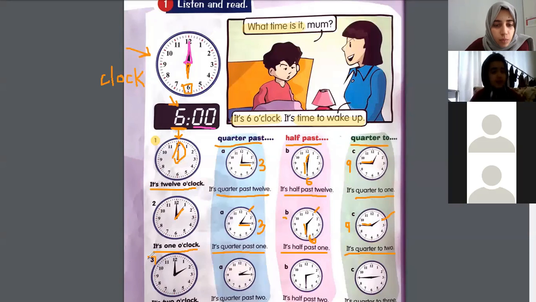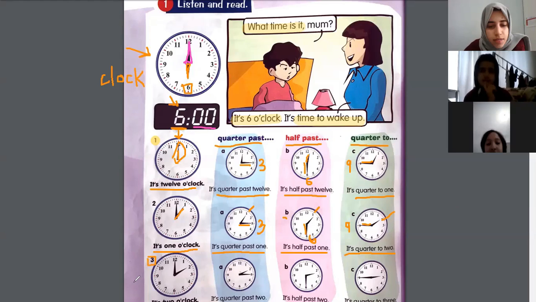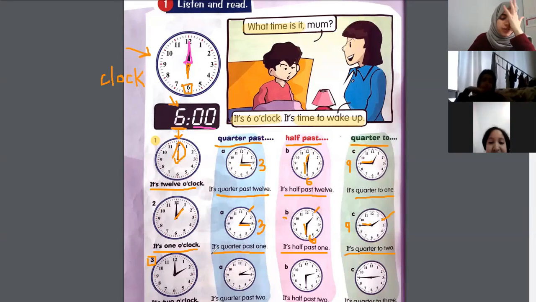We're going to look at the third example now, and the hour is going to be different. Zainab, do you want to read the first one? Read this one, please.